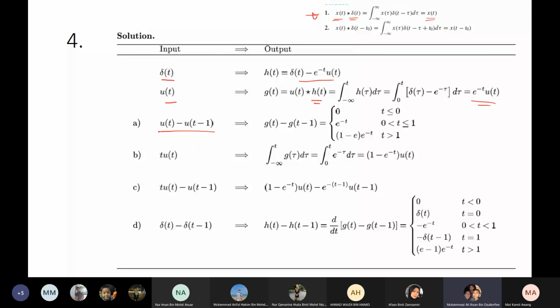Let's say if this is the input, u of t minus u of t minus 1, go through the system of this. What is the output? Here is y.